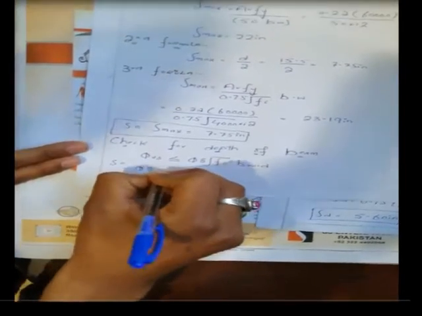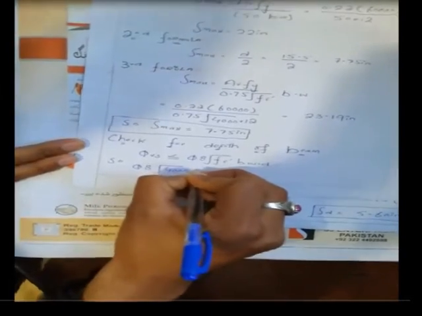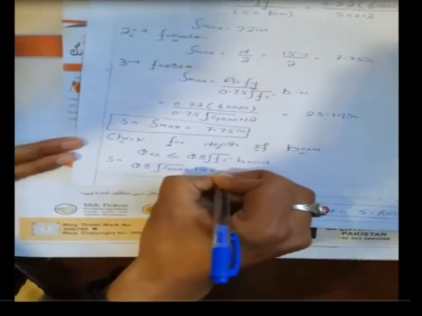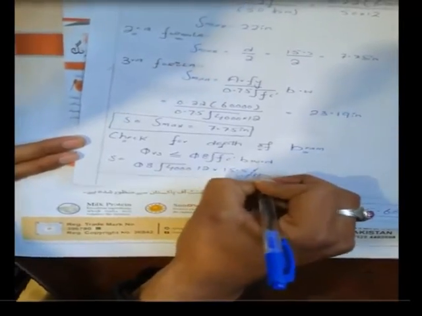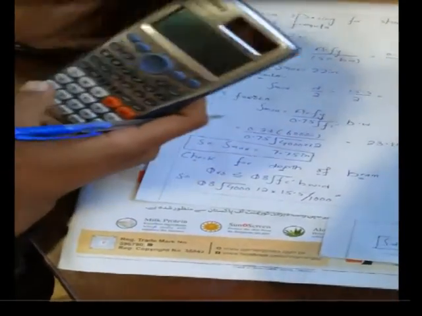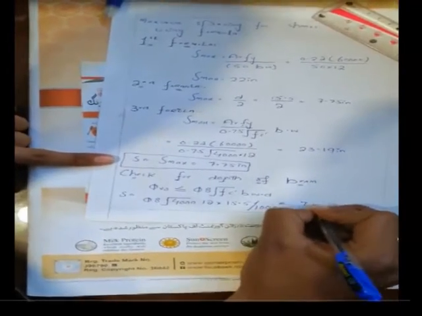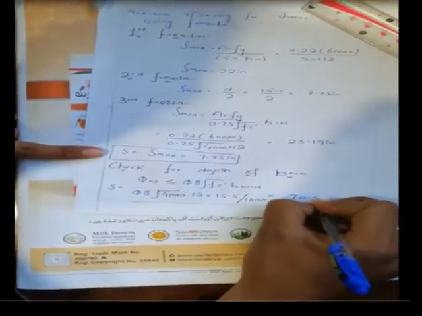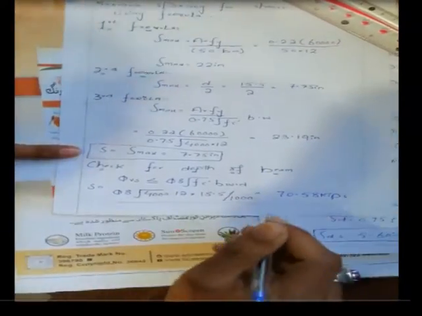So phi 8 under the root fc prime is equal to 4000, b is 12 and d is 15.5, divided by 1000 to get the value in kips. Doing the simple calculation, we get the value of phi 8 under the root fc prime bw d, that is 58 kips.